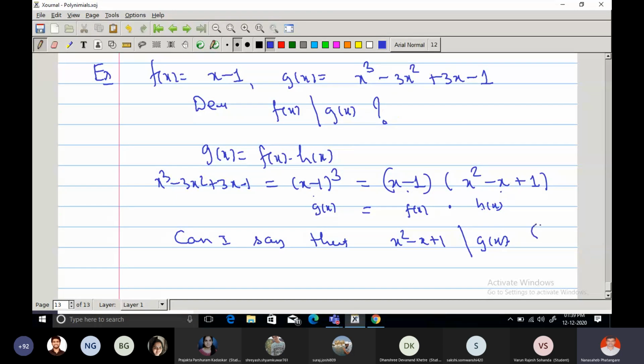By the same logic I can say that. Excuse me, sir. hx must be x square minus 2x plus 1, no? Why? x minus 1 whole square. x square plus x plus 1? I think it is correct.